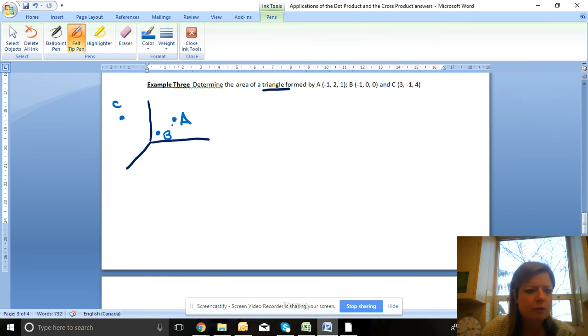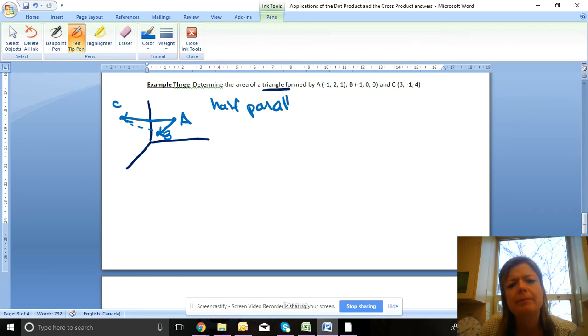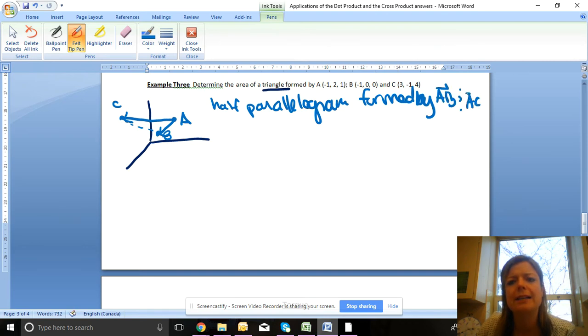So we're going to form a triangle between AB and AC, and then here's the other side of the triangle. So this is half of the parallelogram formed by vector AB and vector AC.